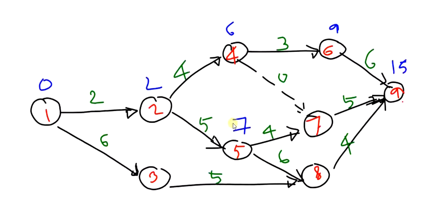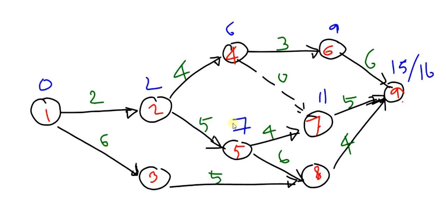And for 7, it will be 7 plus 4 equal to 11. And for 9, through 1, 2, 5, 7, 9, it will be 11 plus 5 equal to 16. Second value. It is 16.